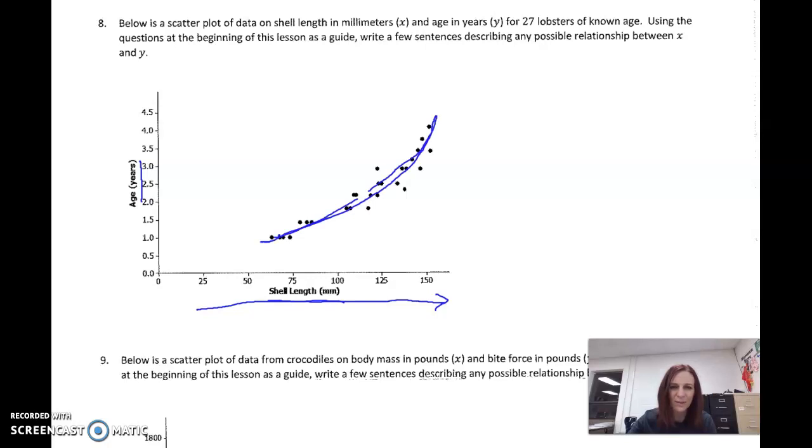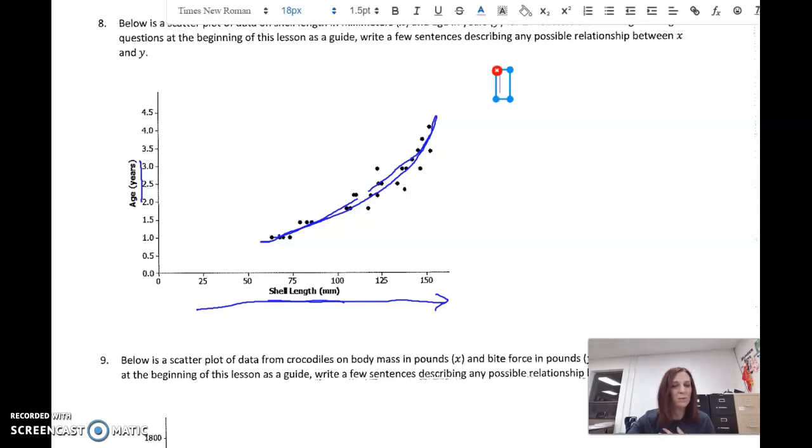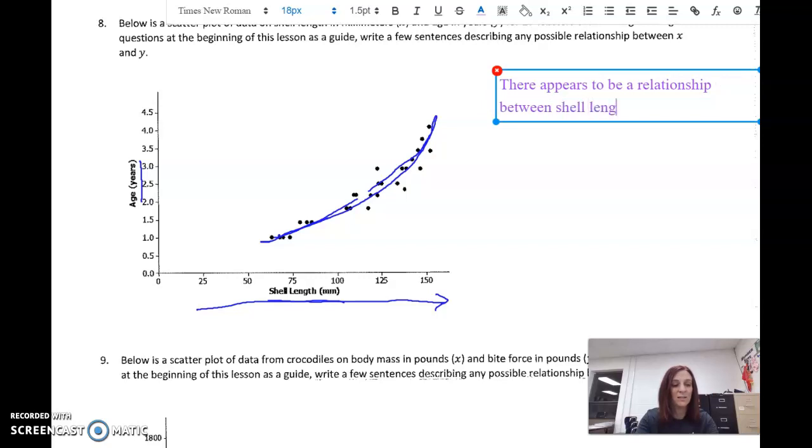Sorry, it's not going to be a nice curved line there, but I think there's a stronger relationship. I think as our shell length is increasing, so is our age, but I don't think it's happening as a linear relationship. So let's say that there appears to be a relationship between shell length and age, but it is not linear.